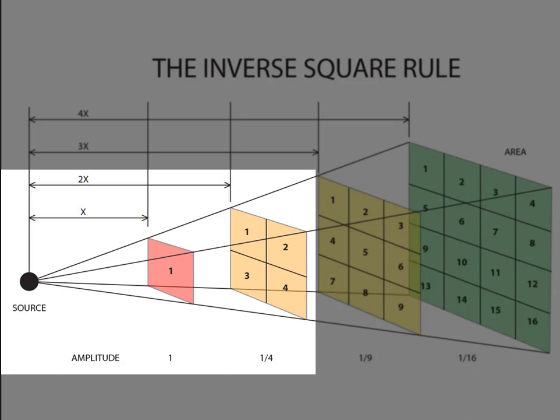But because it's a 2-dimensional space that the surface is occupying, the area has increased 2 squared times. And so the paint is spread over 4 times as much space. And so at each point, it's a quarter as thick as what it was at distance x.